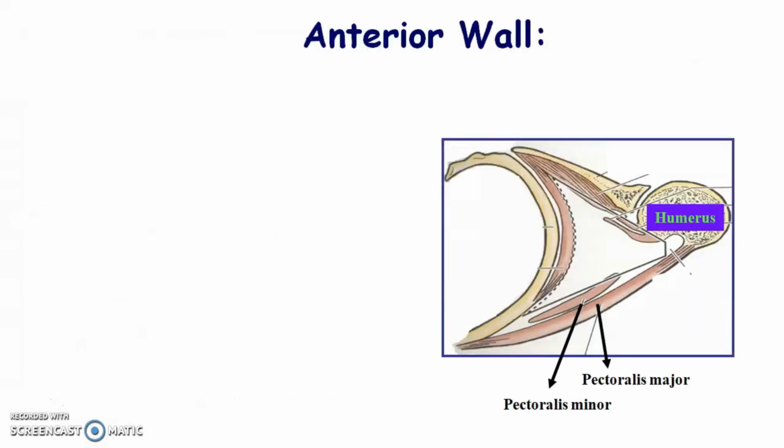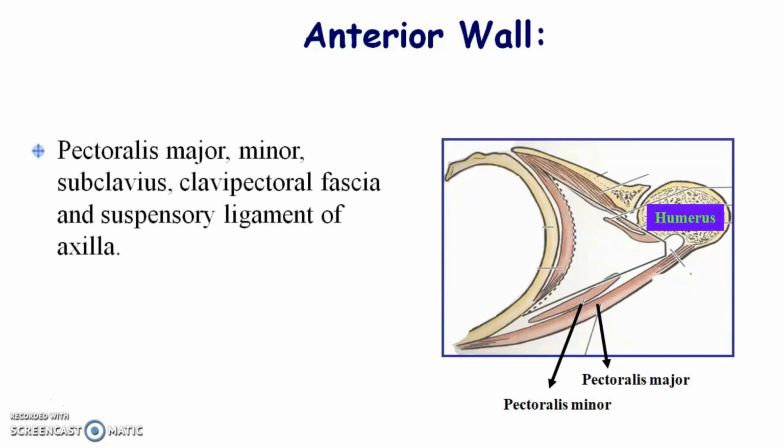So if you take the walls of the axillary region, we have the anterior wall first. If we talk about the anterior wall, anteriorly the axilla is bounded by, again, the layers of the body. The layers will always start from skin. So the anterior wall is bounded from above downwards by skin, superficial fascia, and then we will be having deep fascia called pectoral fascia.